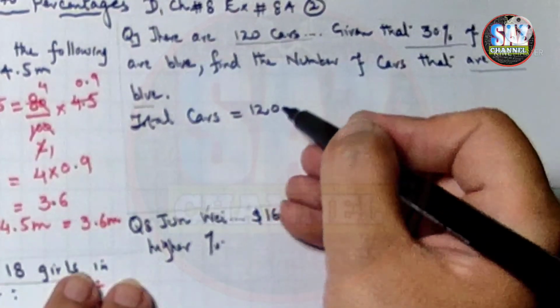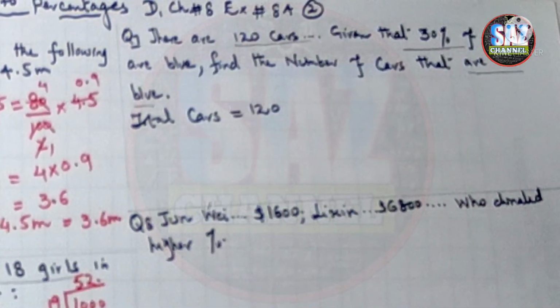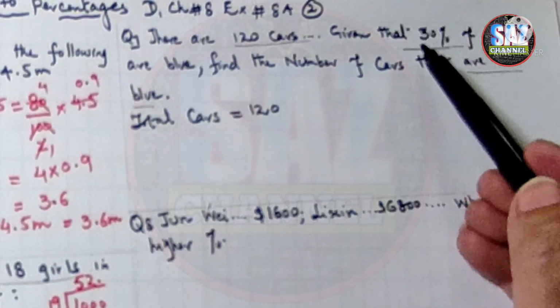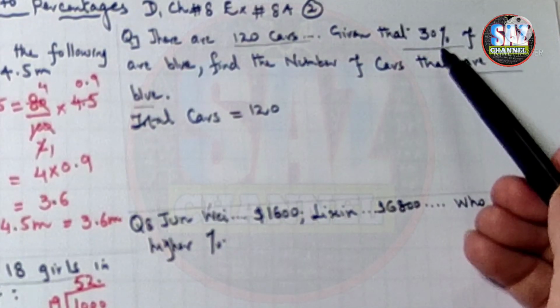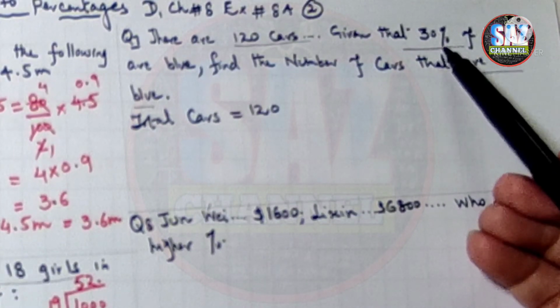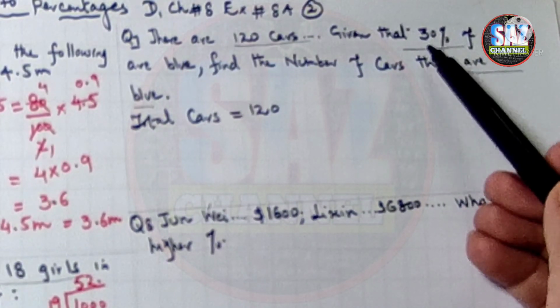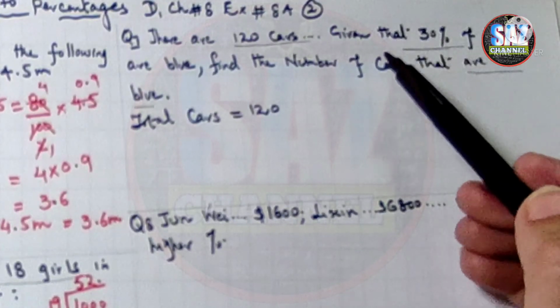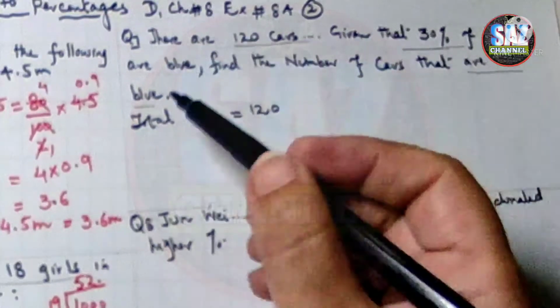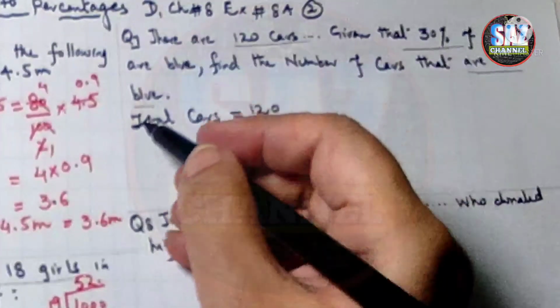Again, there are two ways of solving this question. One of the ways is that, as the question says 30% of the cars are blue, we can find the 30% of the cars, and that will give us the number of blue cars, and then we have to take away that answer from 120 to get our answer for the number of cars which are not blue.